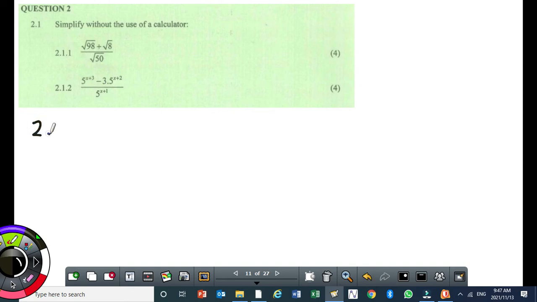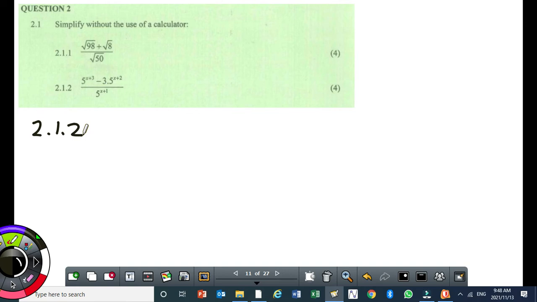Now, the moment you see an exponential expression, okay, an exponential expression has no equal sign. So this is an exponential expression. If there is a minus or a plus between exponential terms, it means isolate a common factor.